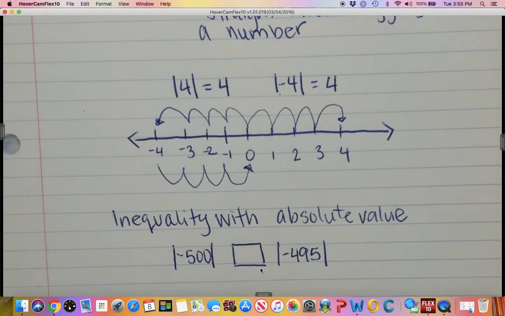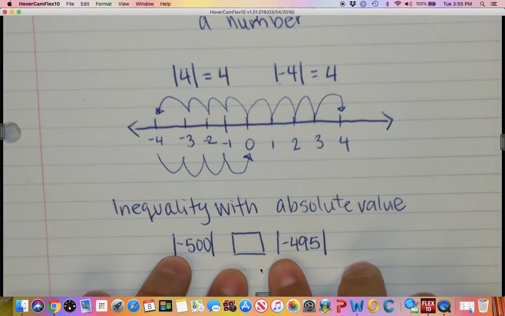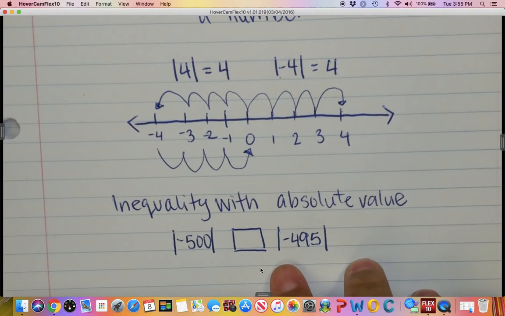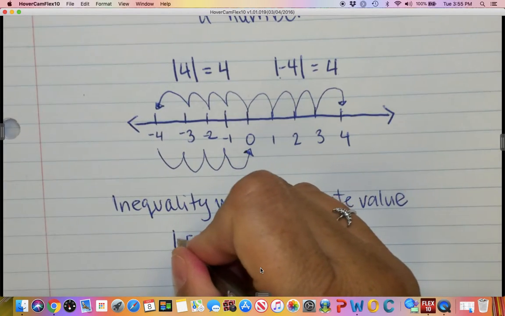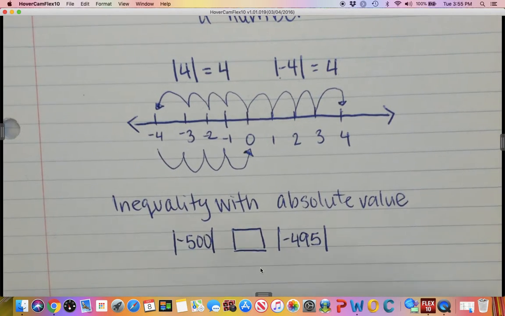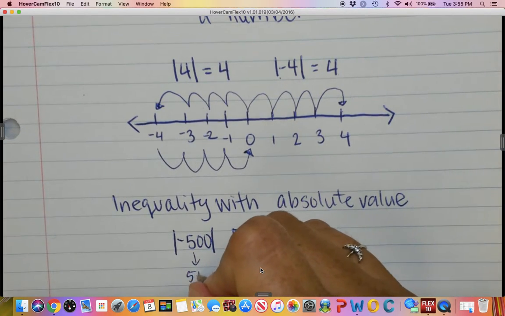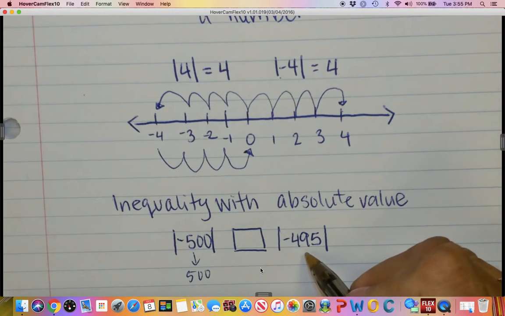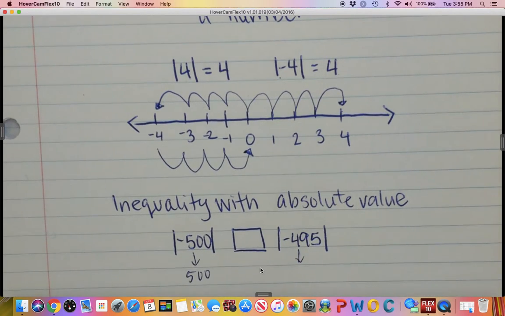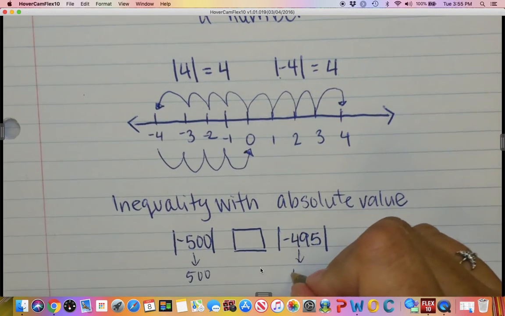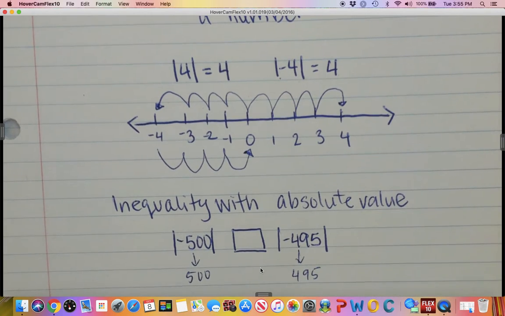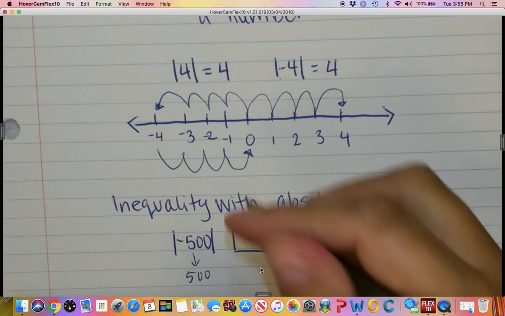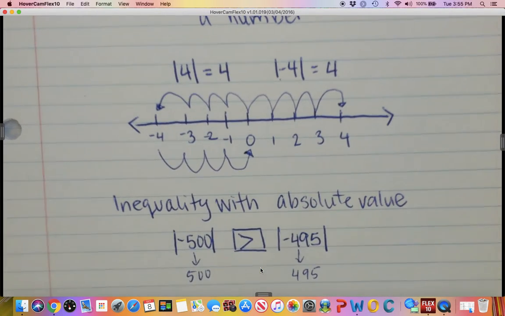And my two lines are hugging, which means they're both absolute value. So the absolute value of negative 500 is 500. And the absolute value of negative 495 is 495. Now you can compare the two. 500 is greater than 495.